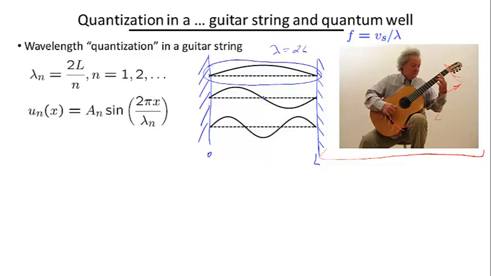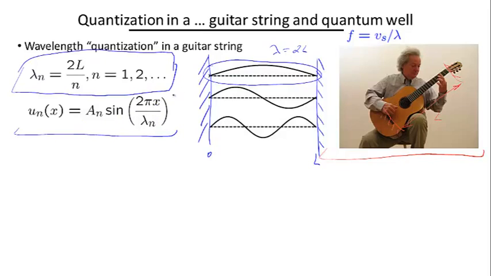For instance, this example gives us a wavelength which is exactly equal to L, the distance between the endpoints. And we can continue this procedure and generate many more wavelengths. These wavelengths are going to follow this quantization rule. With the corresponding solution, if you look at the snapshot of an oscillating string at a certain time, the solution is simply going to be given by some amplitude, which is not really important, times sine of 2 pi x over lambda sub n.